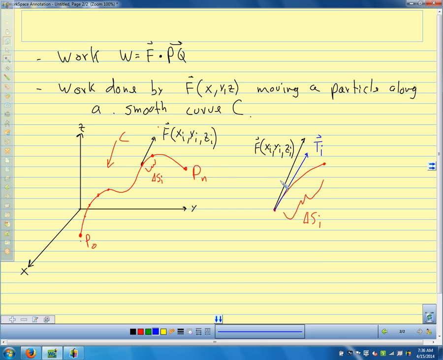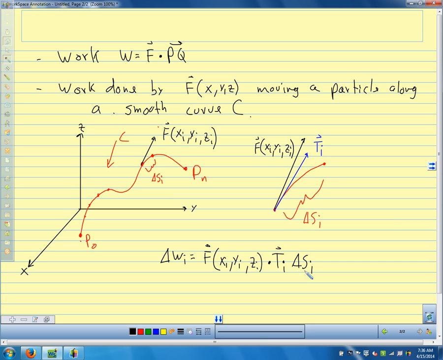So our small increment of work that's done by this force over this little interval, I'm going to say delta w sub i, is our force at that particular point, x sub i, y sub i, z sub i, dot our unit tangent vector at that particular interval times delta s sub i. Delta s sub i is the distance that we're moving.